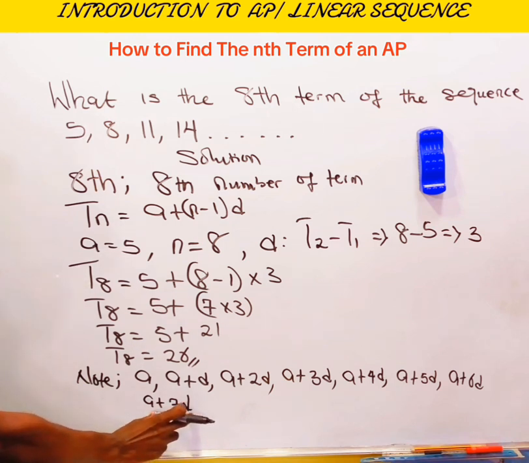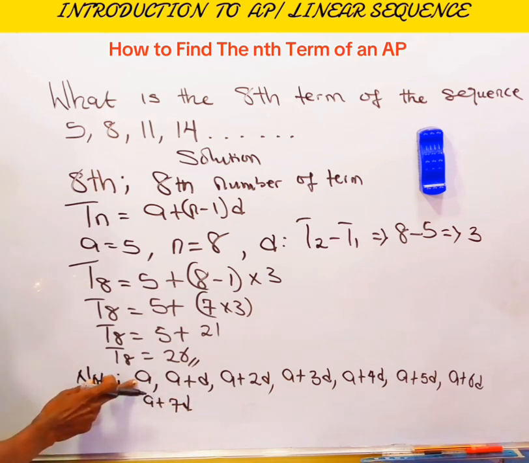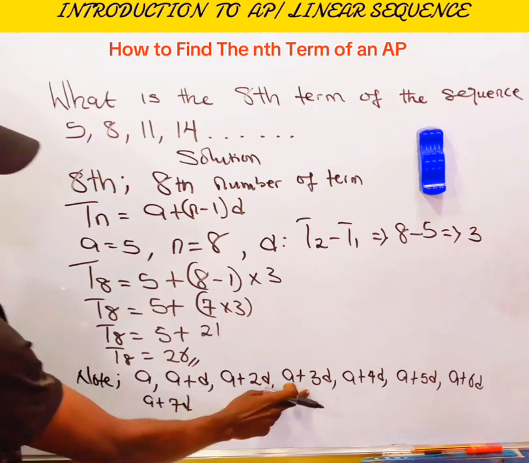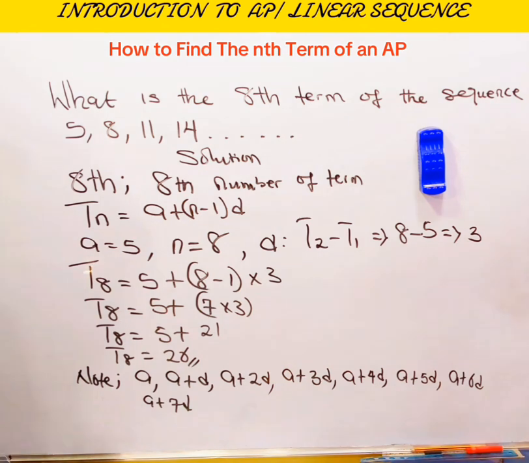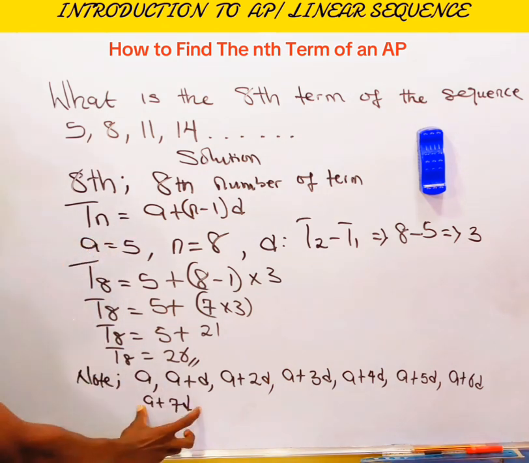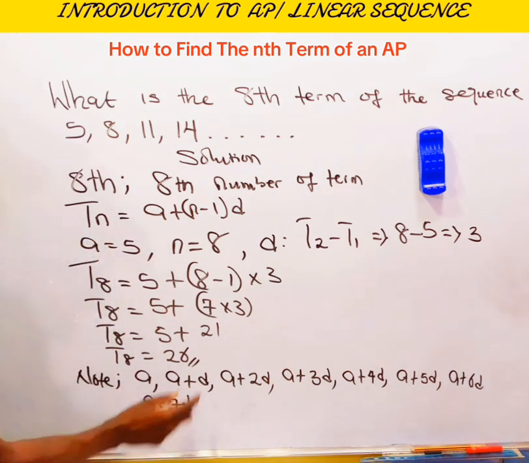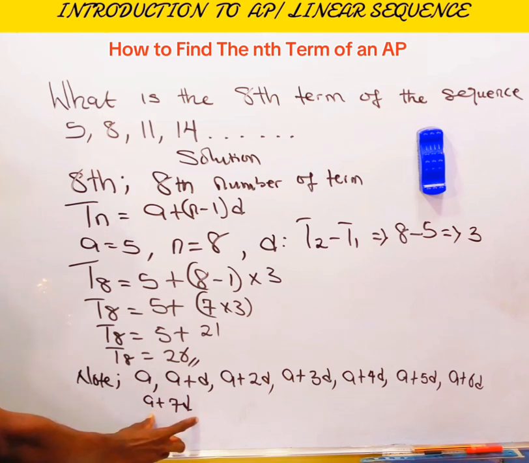Now, A plus 7D is the eighth term. We can also find the answer using this method.